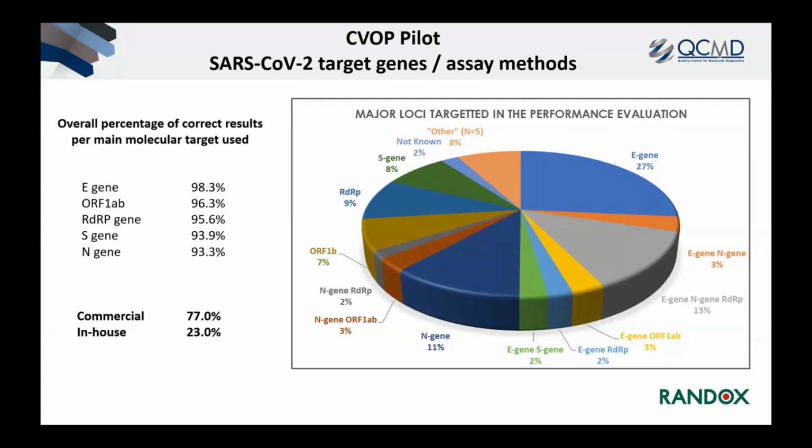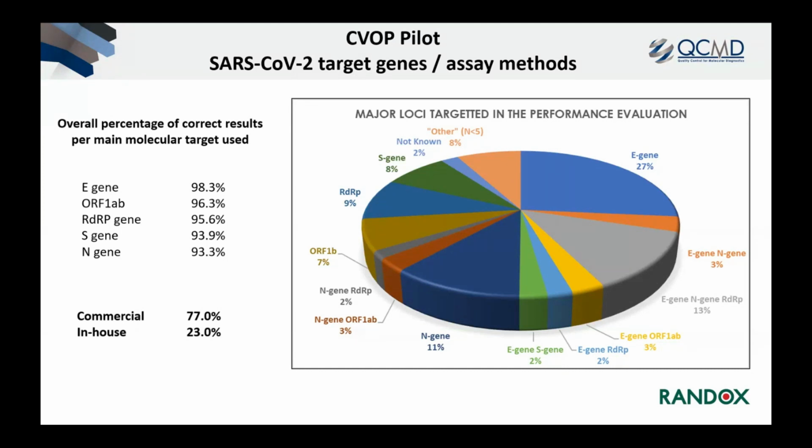The majority of the results were returned using commercial assays. This is quite unique in a new pilot, because normally with new pilot schemes, people start off by creating their own assays, as commercial assays are not available, but almost instantly there were many commercial assays available, so they were very prominent early on in the study.